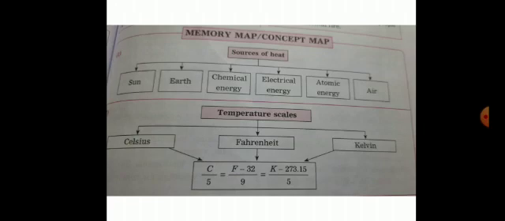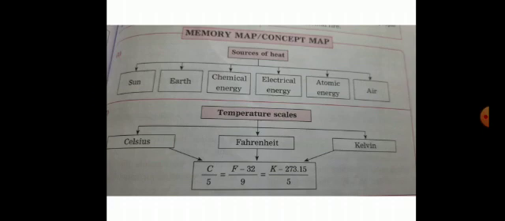This is the memory map. We have completed the lesson and now let us discuss the points through this memory map. We have seen how heat is generated by the sun, then geothermal energy which is present in the interior of the earth.